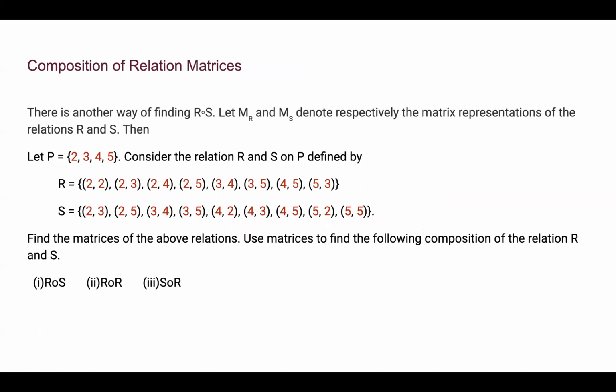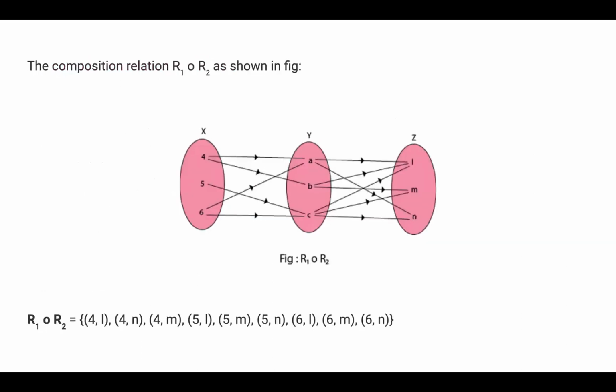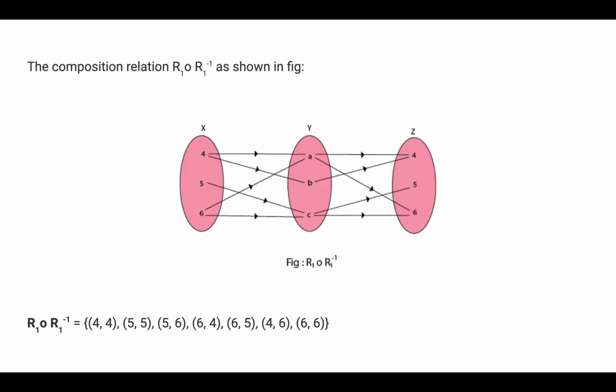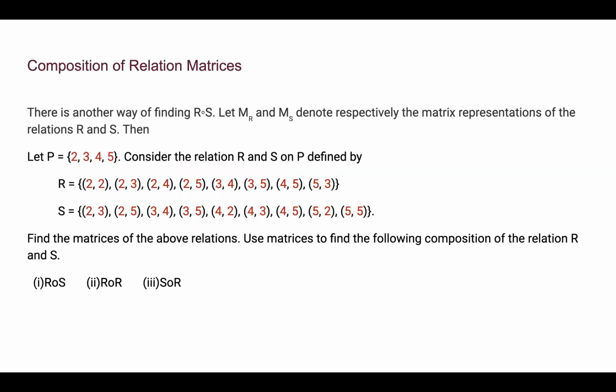We will go to the new part, the composition of relation matrices. What is this composition of relation matrices? There is another way of finding R composite S. Here we simply drew the diagrams and then went for the relations that we wanted.